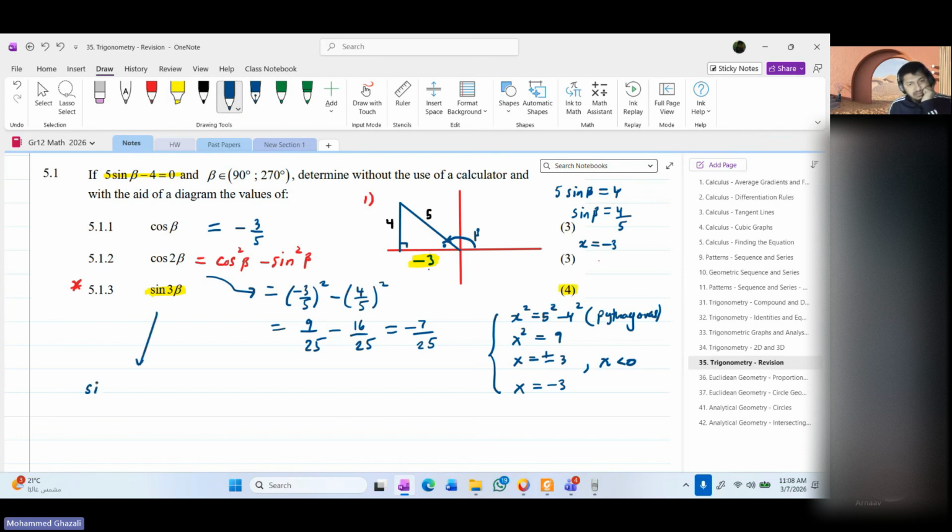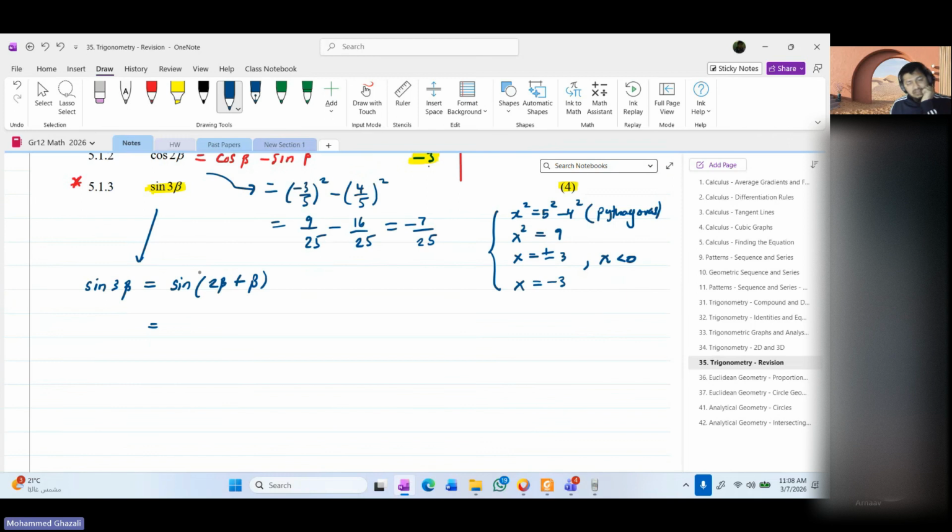So say sine 3 beta is equal to sine of 2 beta plus beta. Break it down like this. Now, what is the expansion for sine? Sine 2 beta cos beta plus cos 2 beta sine beta.